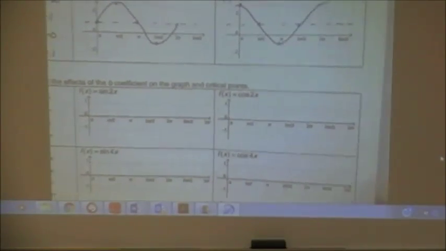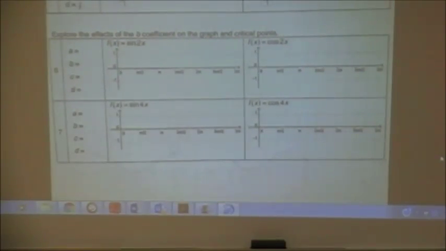Okay, so now we have some horizontal transformations. Take a second, fill in your A, B, C, D. Okay, so now what we have is a horizontal transformation only.